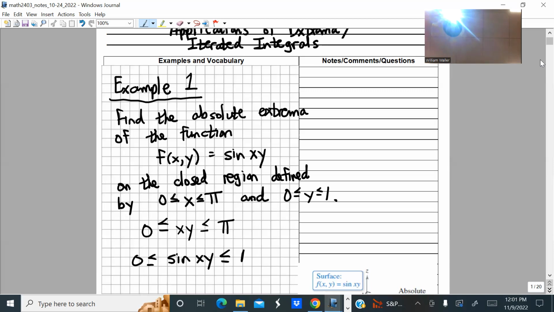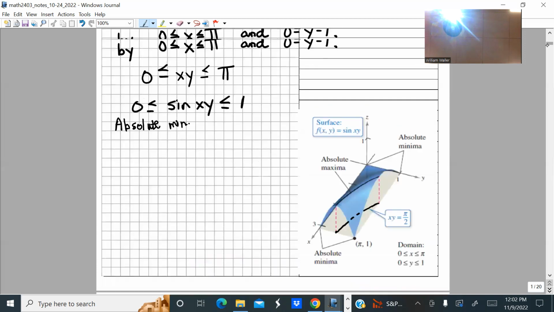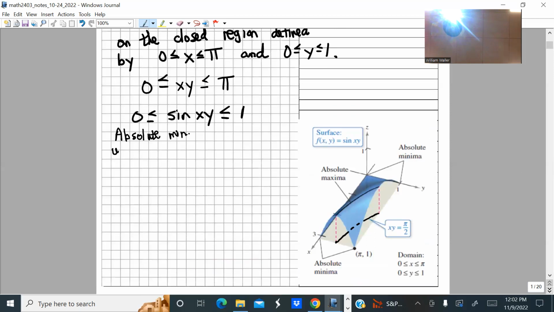We're going to have an absolute minimum where? That's 0, because this formula can never get less than 0. But where will it be 0? When x times y is 0, because sine of 0 is 0.